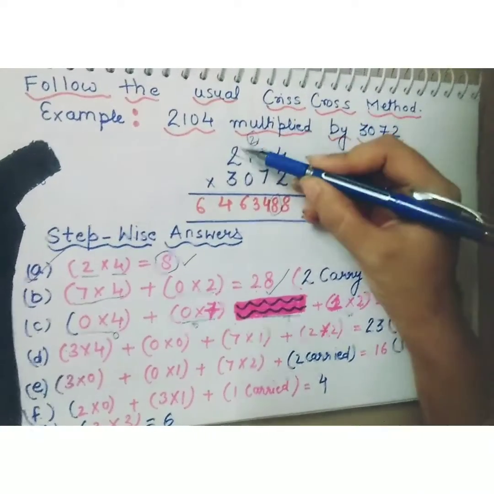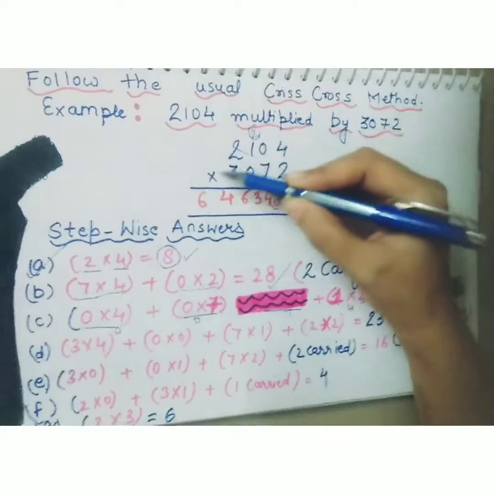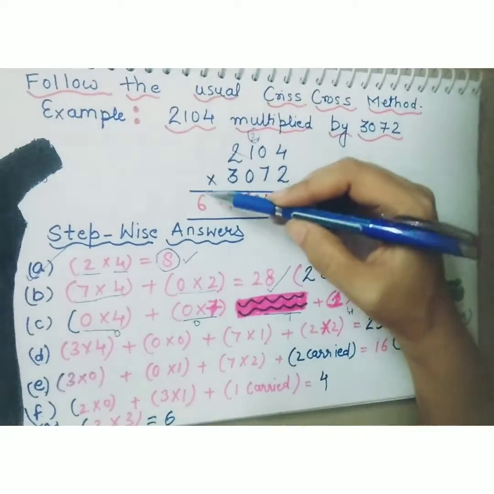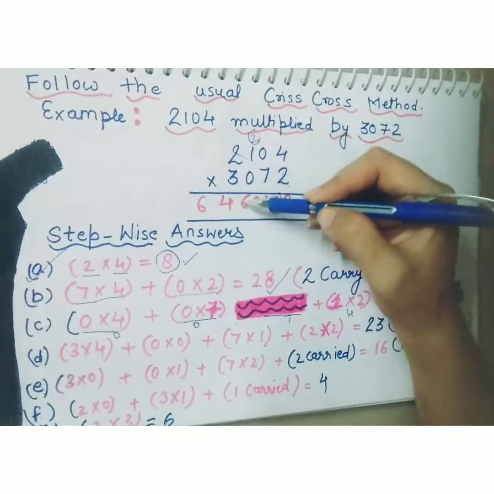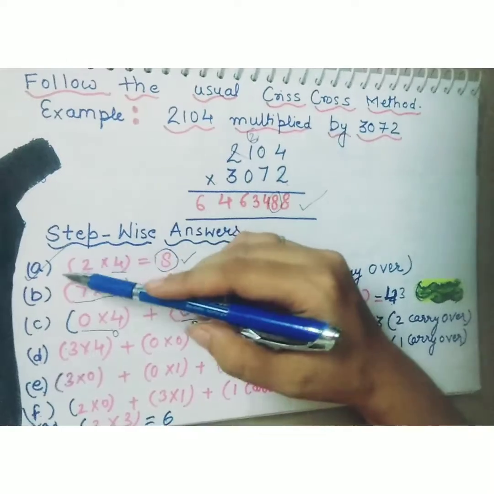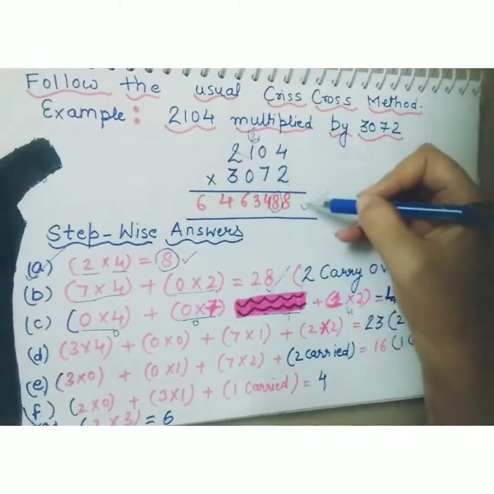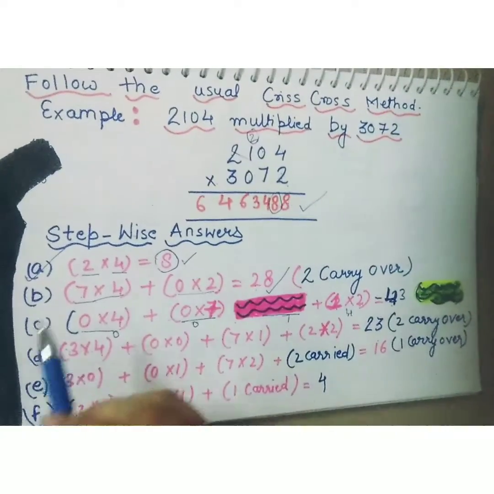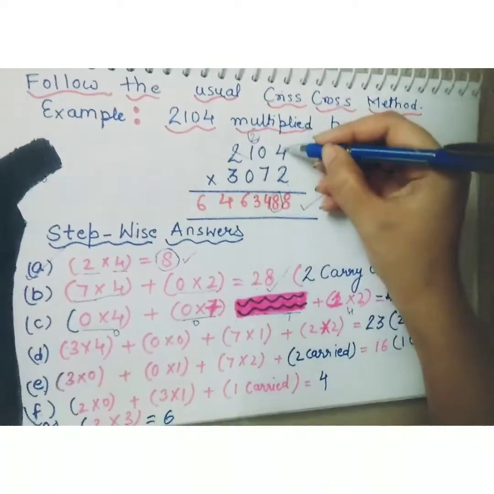The example is 2104 multiplied by 3072. The answer comes out to be 646348. I will follow all the 7 steps to show how this answer comes. So starting with step 1, which is the I formation.